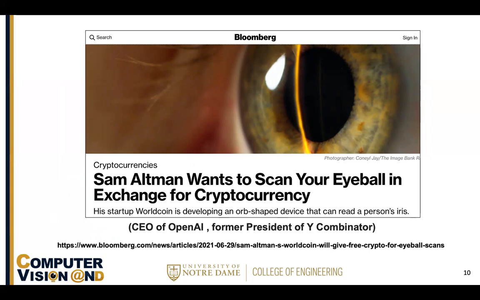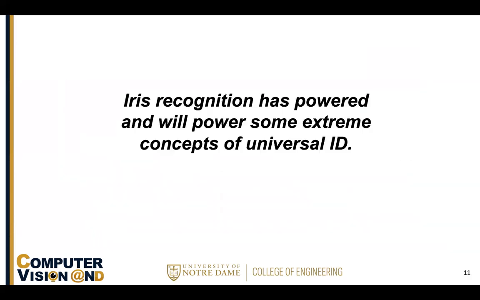So, a very ambitious iris recognition enabled global ID program. The lesson from this first part of my material is that iris recognition has powered and will power some extreme concepts of universal ID, at least planet Earth ID.